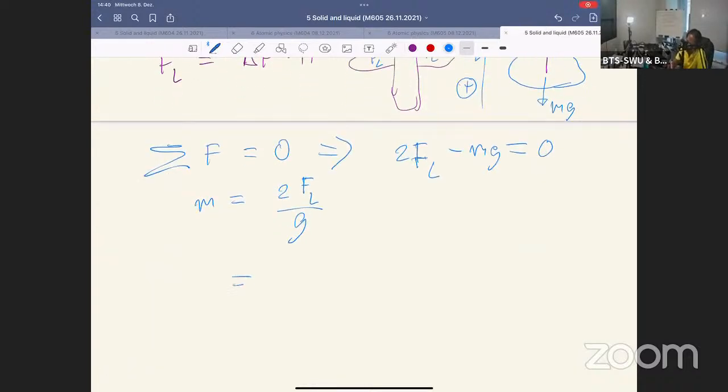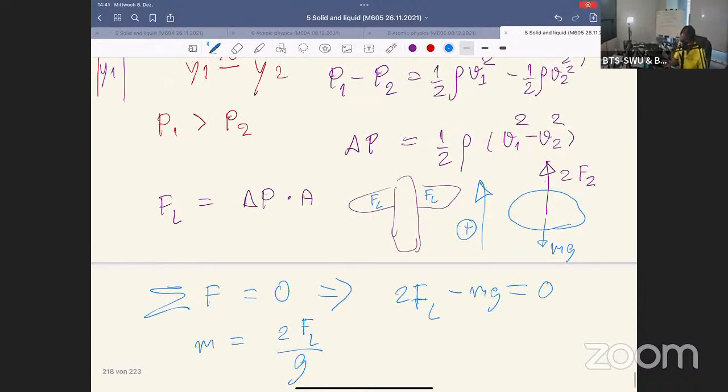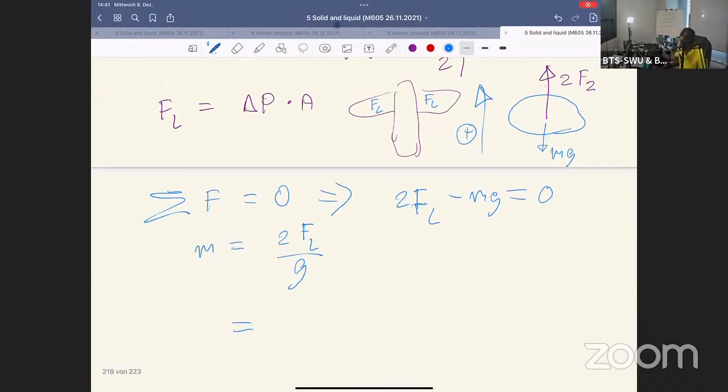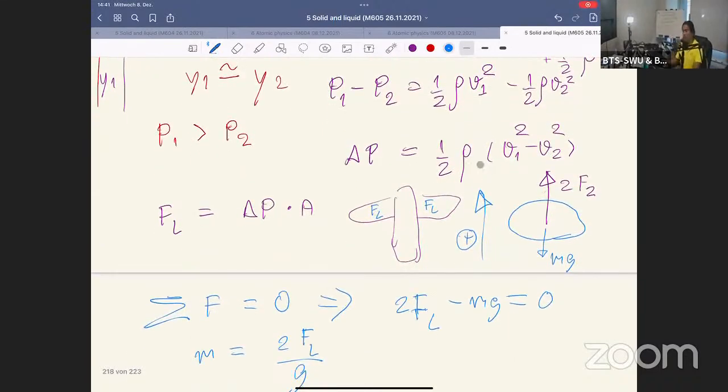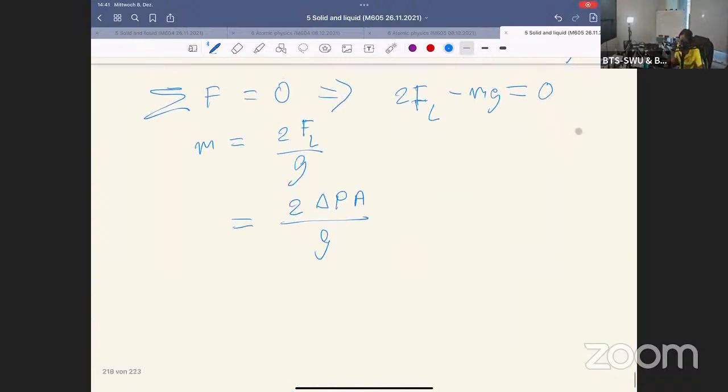Of course, FL is the lifting force. It's the product between pressure difference and the cross-sectional area. It's 2 delta P and A divided by g. And from what we saw before, delta P is 1/2 rho times V1 square minus V2 square.